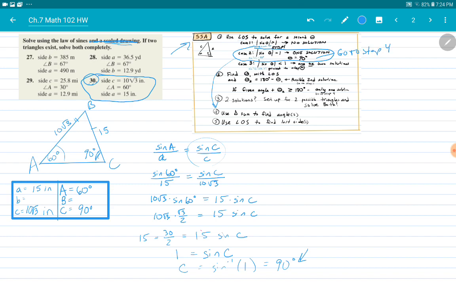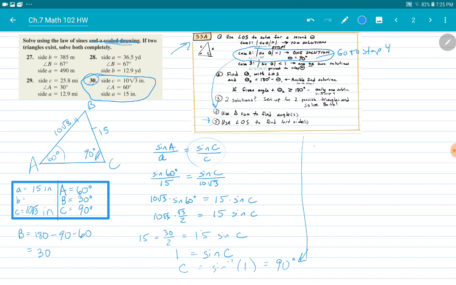So we use the triangle sum to find that third angle. So B equals 180 minus 90 minus 60, which is 30. So I get 30 degrees there. To get b, I go to step 5, use the law of sines again to get that last side.